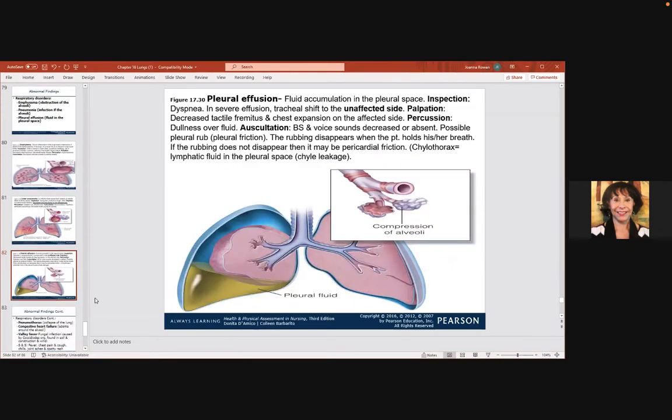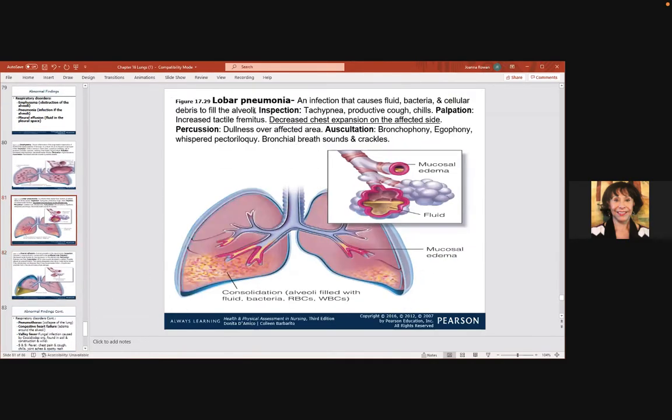And the last one that you need to know is lobar pneumonia, an infection that causes fluid, bacteria, and cellular debris to fill the alveoli. On inspection, there is tachypnea, productive cough, and chills. Palpation: increased tactile fremitus, decreased chest expansion on the affected side. On percussion, there is dullness of the affected area.